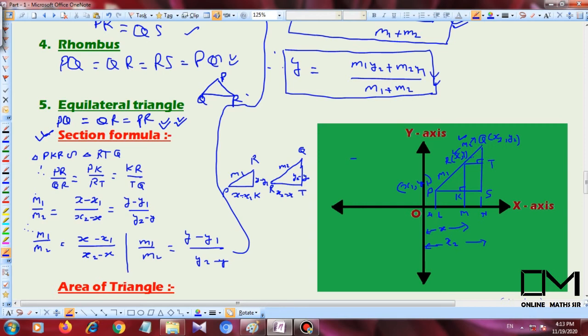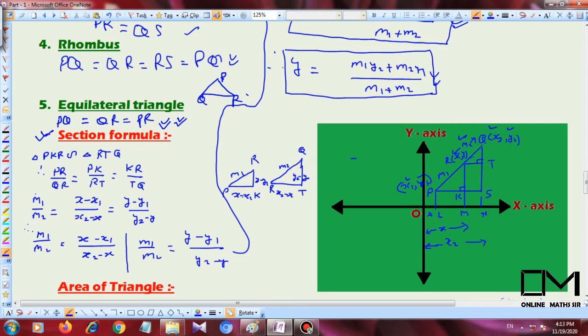Suppose the coordinates of the point P are x1, y1 and the coordinates of the point Q are x2, y2. Draw perpendiculars from P and Q on the x-axis, which fall on the x-axis at L and N respectively.